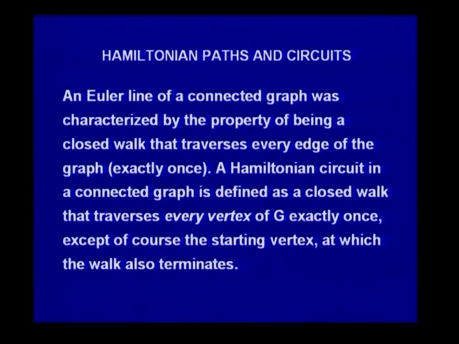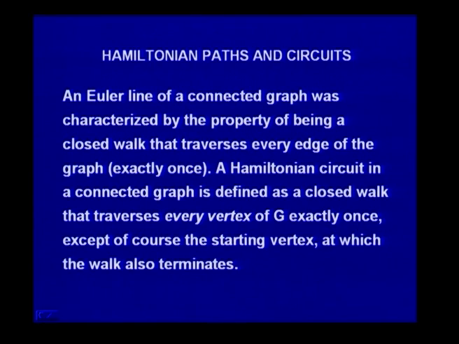In contrast to that, what is a Hamiltonian circuit? A Hamiltonian circuit in a connected graph is defined as a closed walk that traverses every vertex of G exactly once, except of course the starting vertex and the ending vertex. They happen to be the same, the starting vertex at which the walk also terminates.